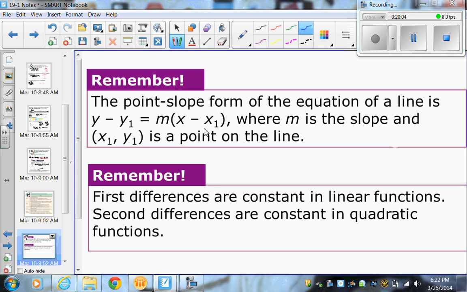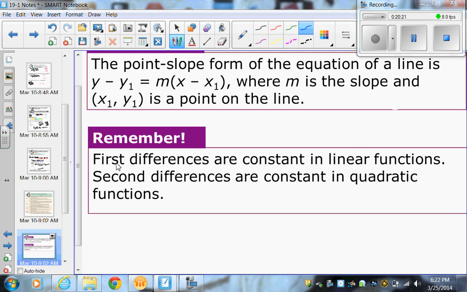One key formula that we're about to use that will come in handy is your point slope formula of a line, which is y minus y1 equals m times x minus x1, where your m is your slope and x1, y1 is a point that is on your line. We'll come back to this in just a second. Also, remember that if your first differences is a constant, then you're looking at a linear function. If the second differences are a constant, then we're looking at a quadratic function.